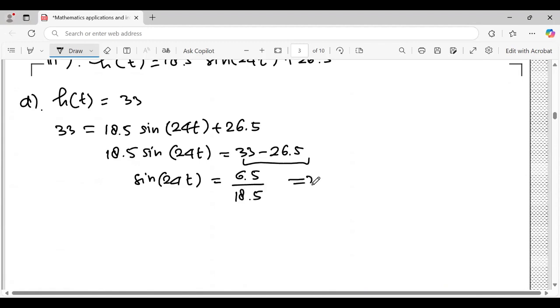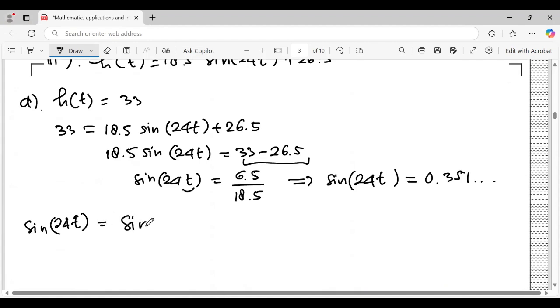So it means sine 24t equals 0.351, and so on. And then we are going to find t. So 24t equals sine inverse of 6.5 over 18.5.